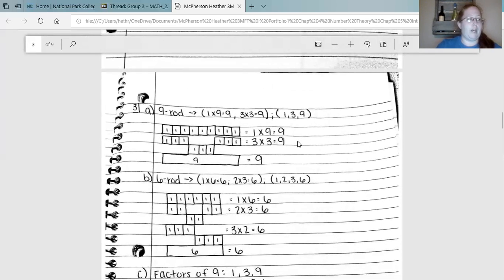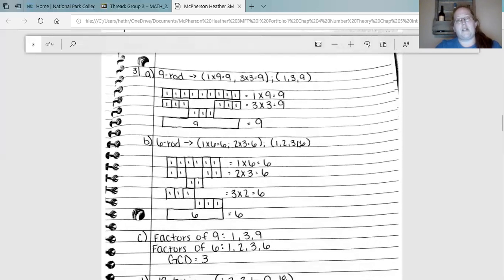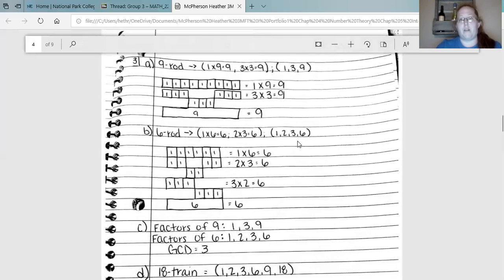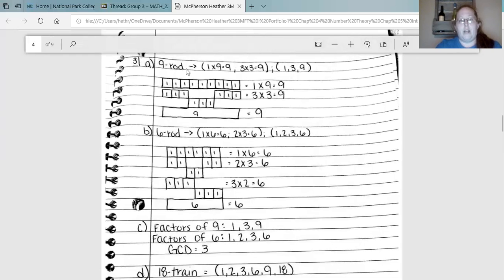Now, working with colored rods and trains. When you're looking at colored rods and trains and trying to figure out which rods would work, you're actually looking for the factors in the problem. So for a 9 rod, your factors are 1, 3, and 9, because 1 times 9 equals 9, and 3 times 3 equals 9.